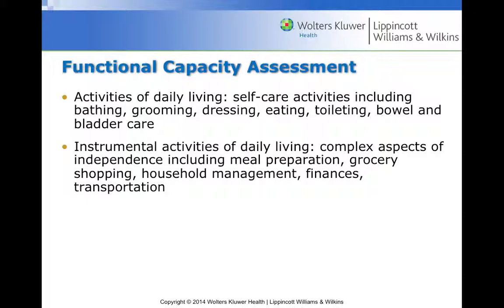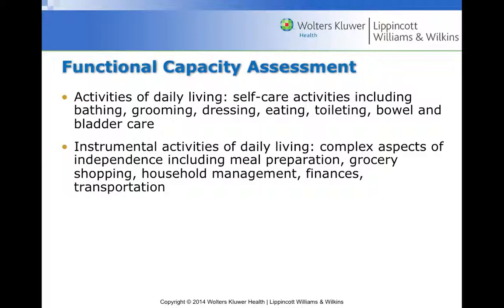When we look at the functional capacity assessment, you want to look at those activities of daily living. You want to get them back to their independence if at all possible. We want them to be able to care for themselves. And instrumental activities of daily living, those are the more complex things, such as going for groceries, meal preparation, shopping, household management, cleaning up, finances, and of course transportation.